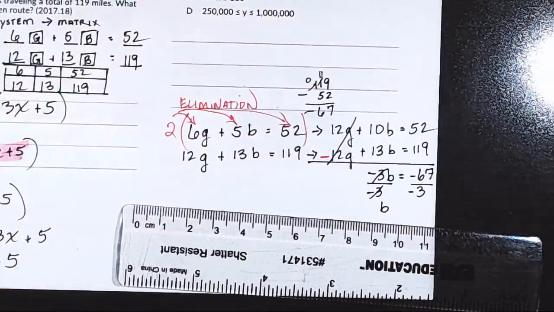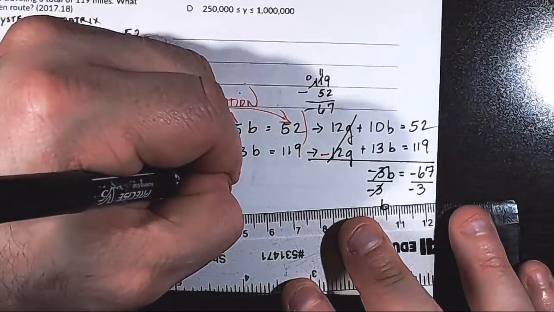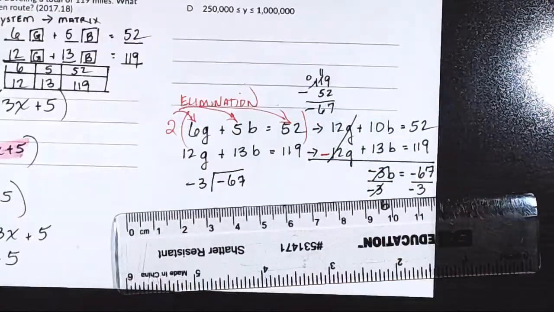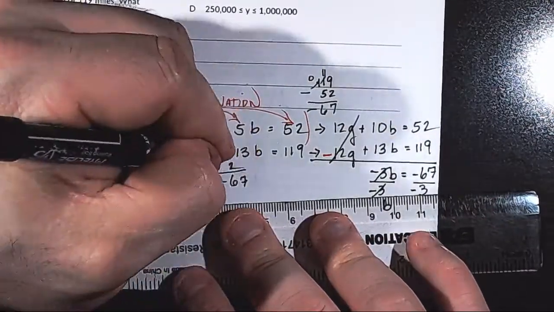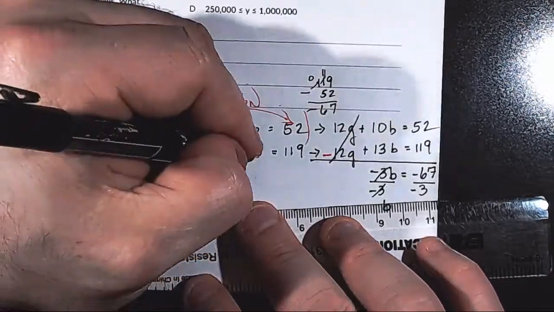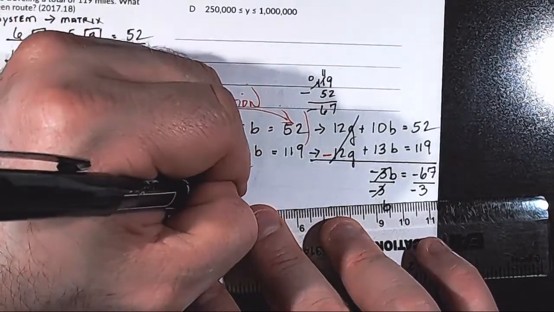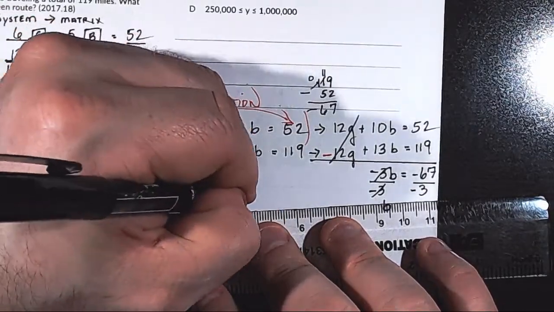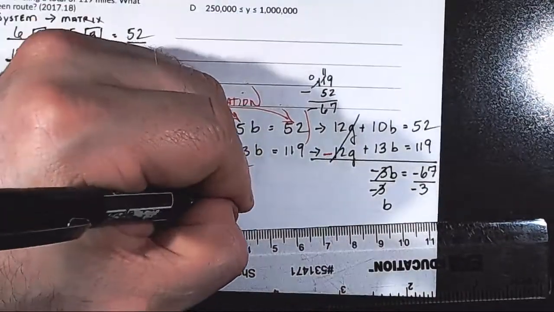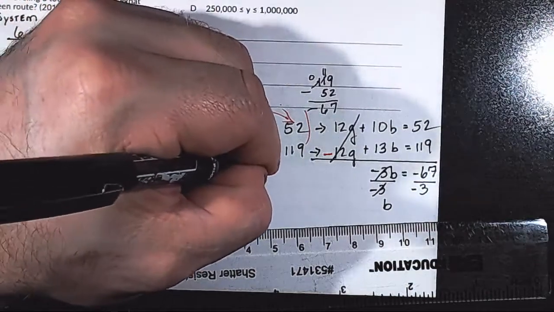So negative 67 divided by negative 3, if we did that by hand: 3 goes into 6 two times, 2 times 3 is 6. How many times does 3 go into 7? Again, 2 times, 2 times 3 is 6, and there would be 1 left. How many times does 3 go into 10?